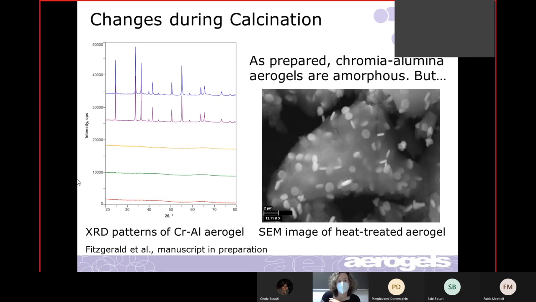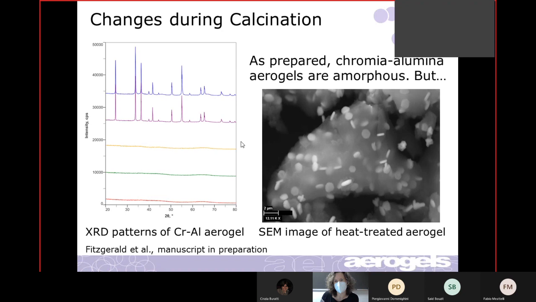I will. And then we heat it to 200 degrees C, and it is still amorphous. And we heat it to 400 degrees C, and we still have an amorphous. And we heat it to 600 degrees C, and we see crystals that give these peaks.